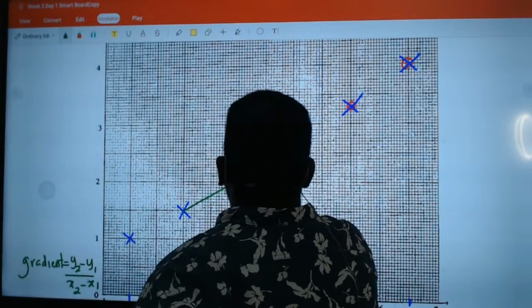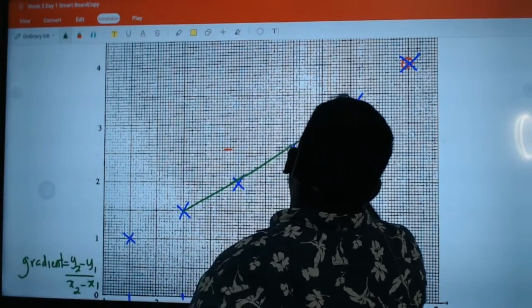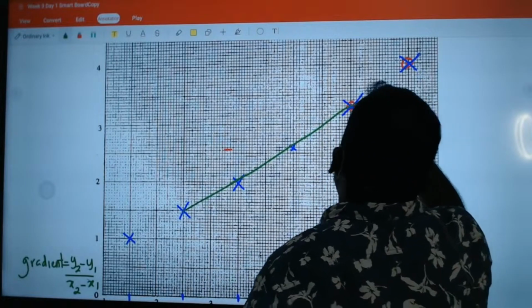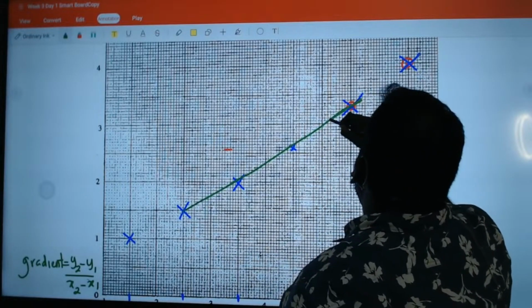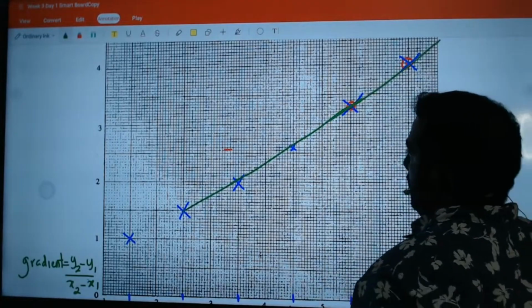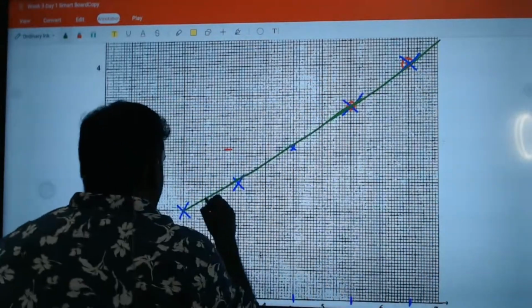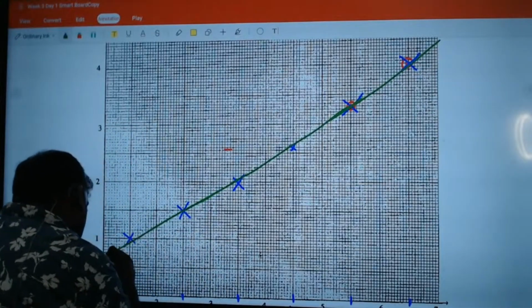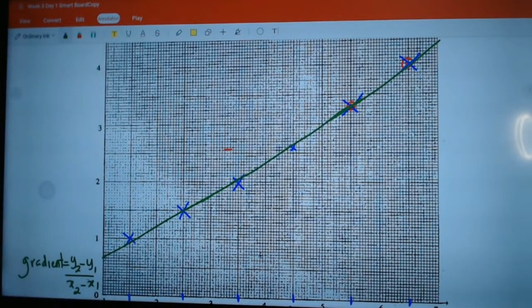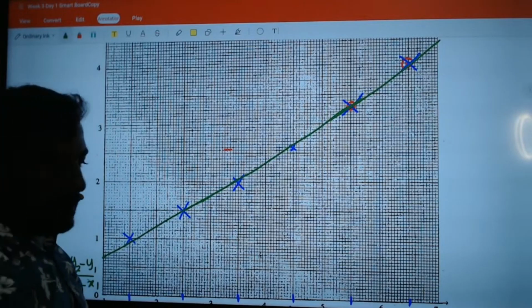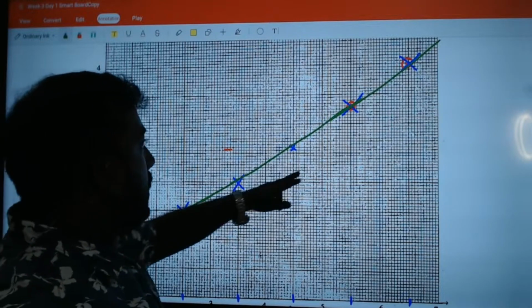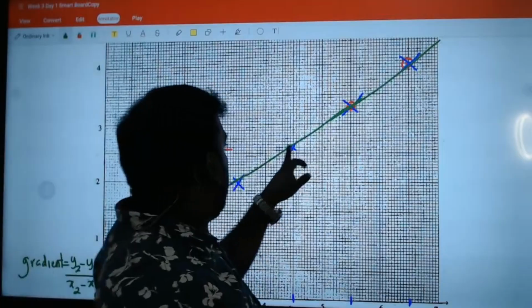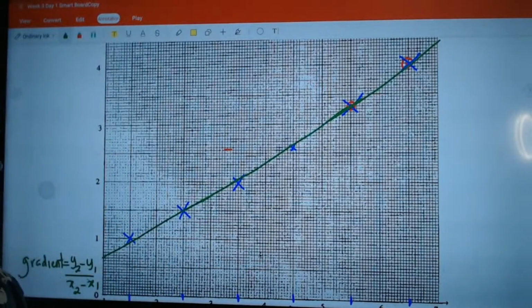Let's see. About these two, so above and below, the best fit line will come.